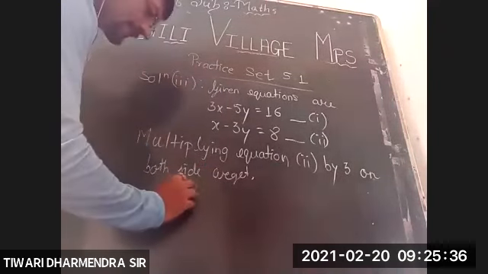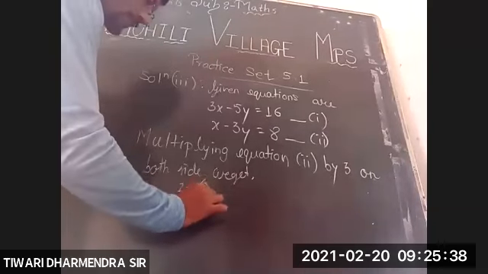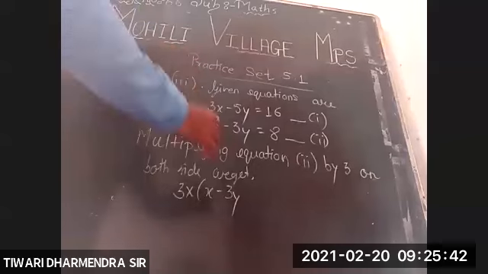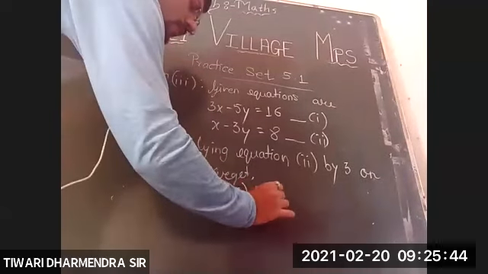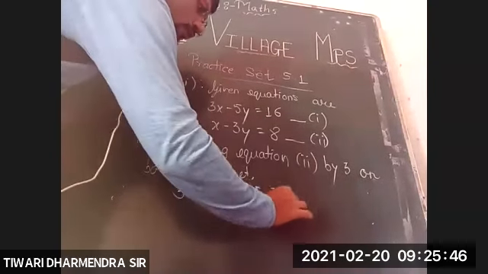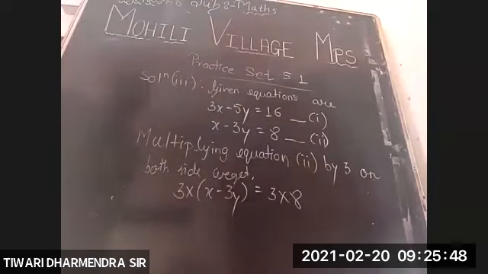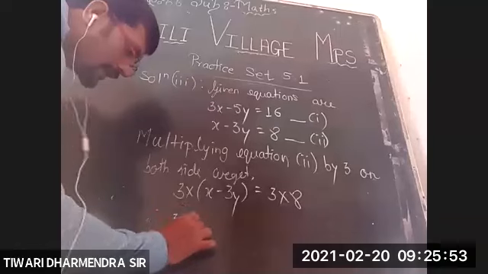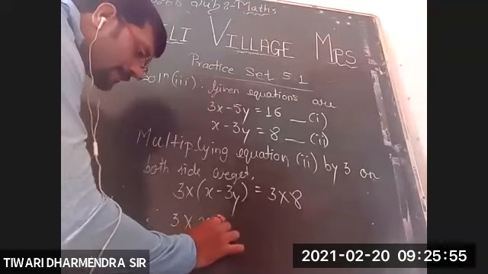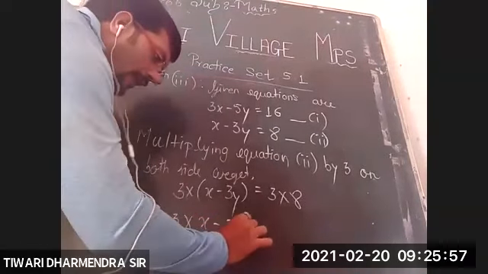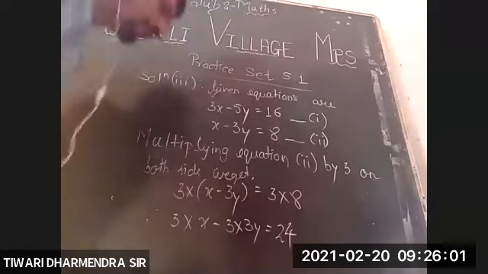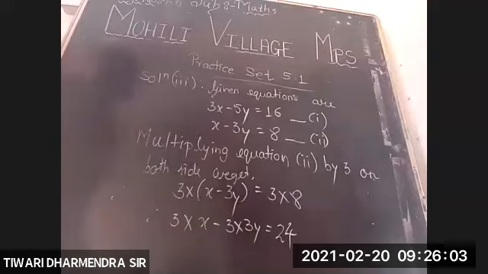we'll get 3 into x minus 3y is equal to 3 into 8. We need to open the bracket. So this is 3 into x minus 3 into 3y is equal to 3 eights are 24.